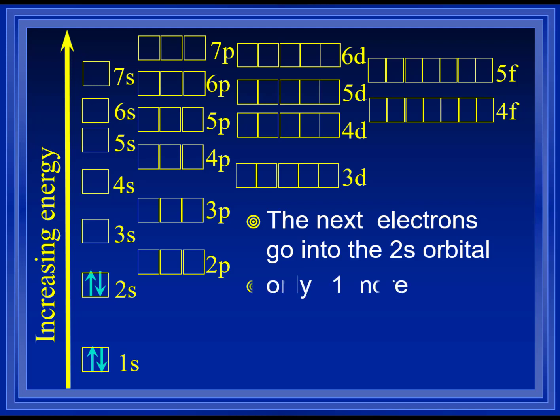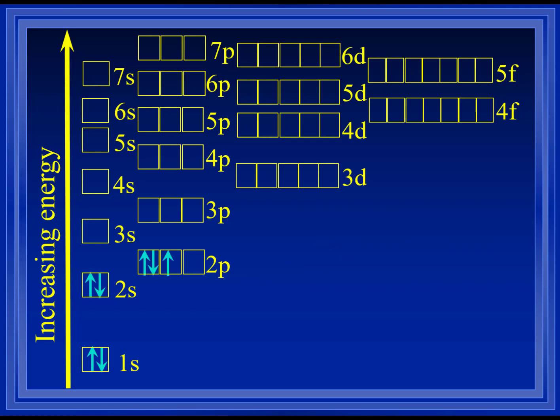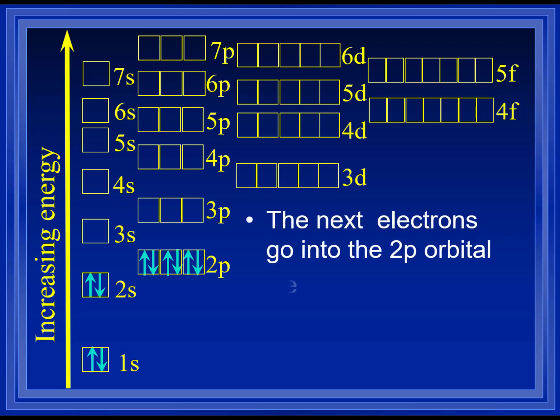So I've got to fill up 2p with 11. Put in 11. So this 2p is going to get filled up, isn't it? So put in 5. And that's 10, so we've got 5 more to go.